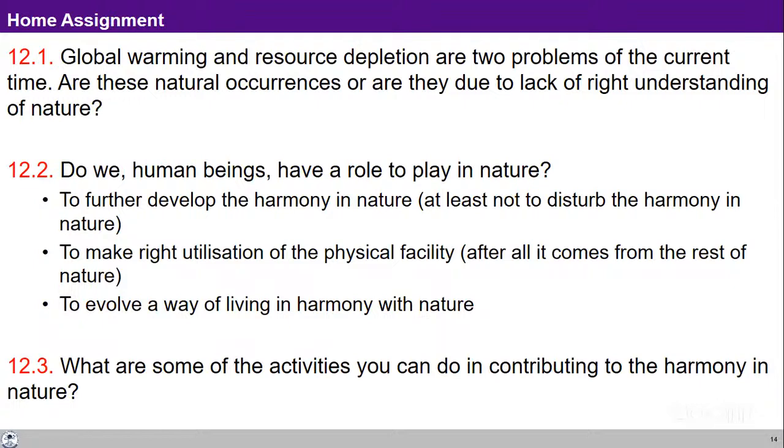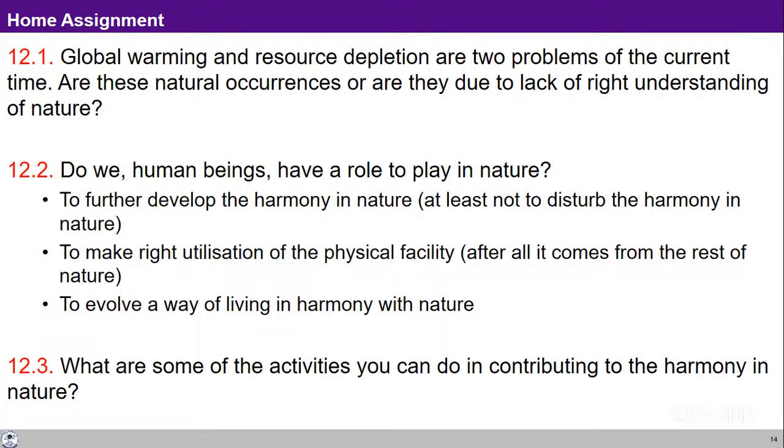Rajendra Prasad ji is saying A, natural occurrence. Triveni ji is writing B, lack of right understanding. All these are because the harmony of nature exists; we don't need to create it.